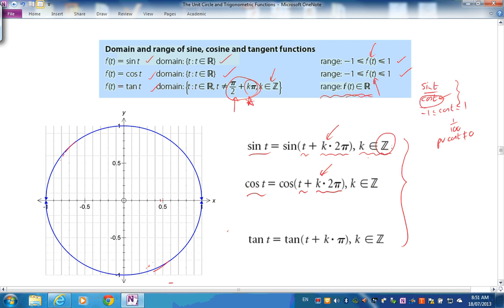And any whole number, positive or negative, rotation around the circle will bring you back to the same point, and give you the same cos. Now, we mentioned earlier tan is going to be different because we found that it was repeating itself every pi. Okay, because y on x, in the unit circle over here, let's have a look as we go out here or out here.